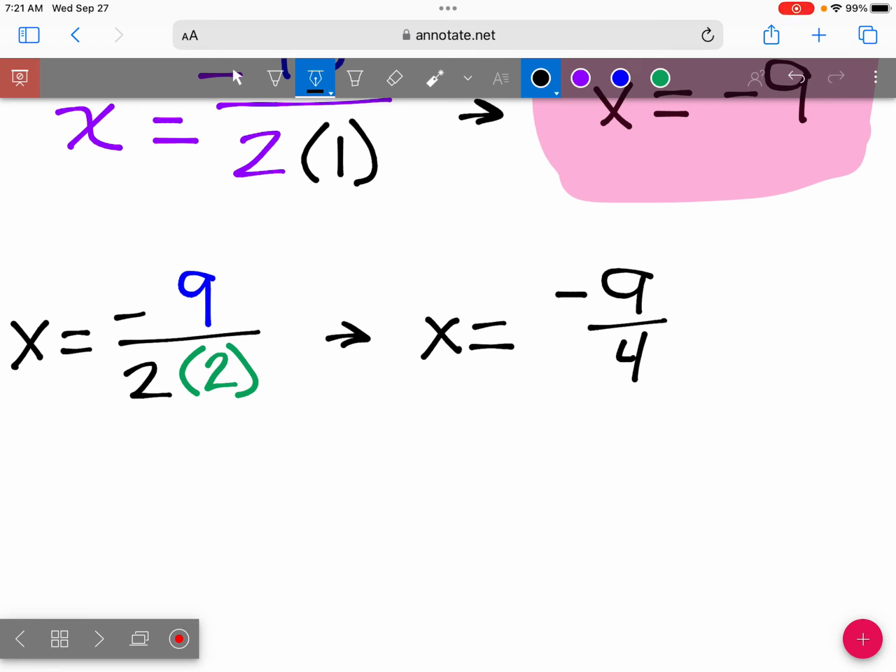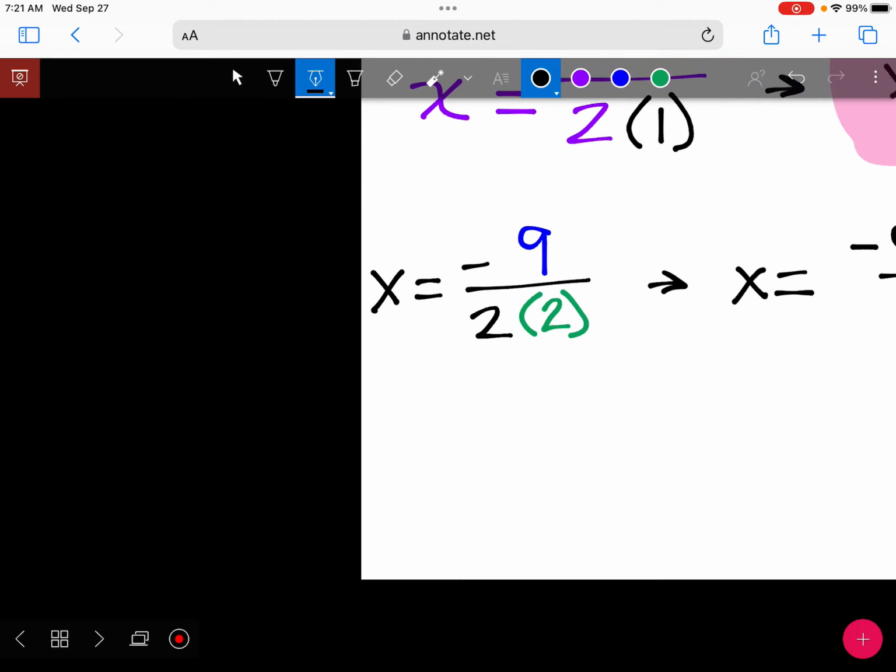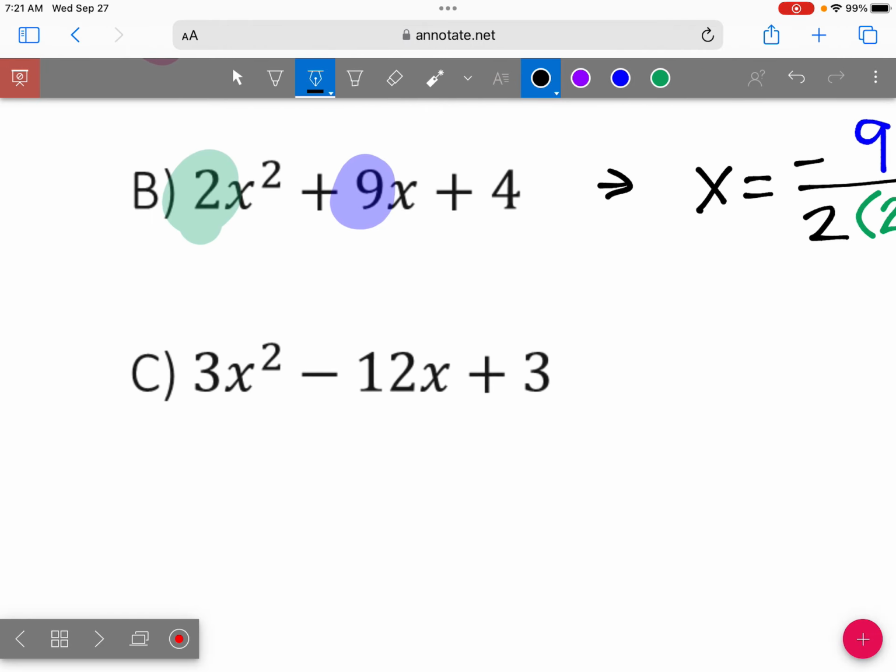I don't care if we do it as a mixed number or as an improper fraction or as a decimal. So negative 9/4 or negative 2.25. More often than not, if we're actually working with it on a graph, it'll be a not awful number. I'm not going to ask you to graph a third or something.